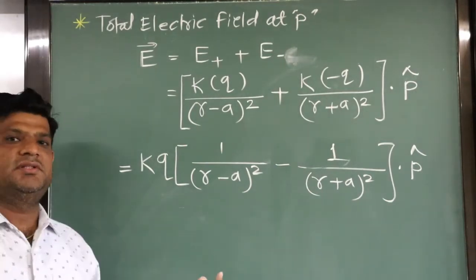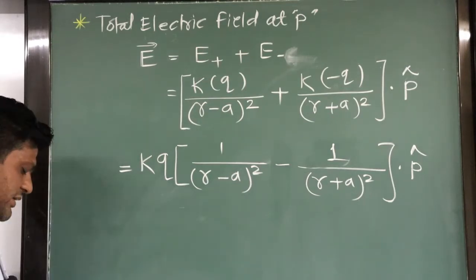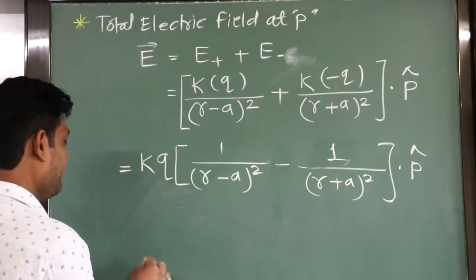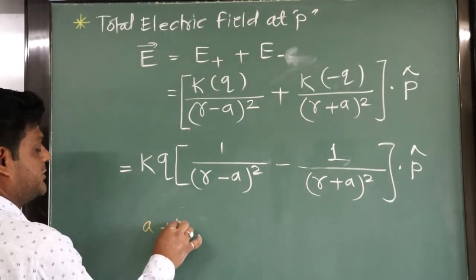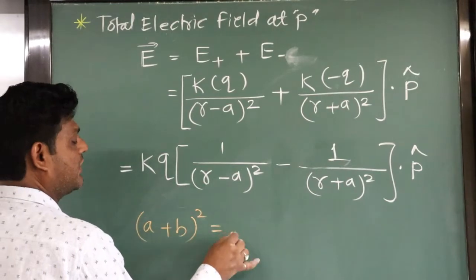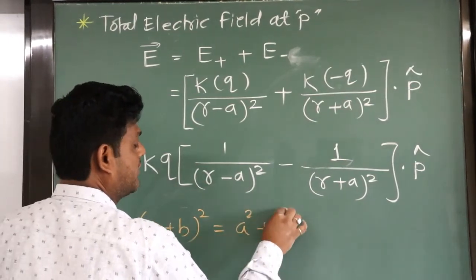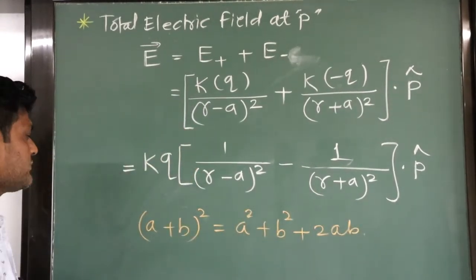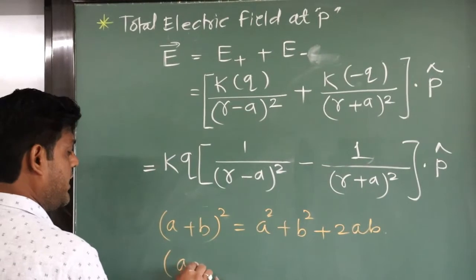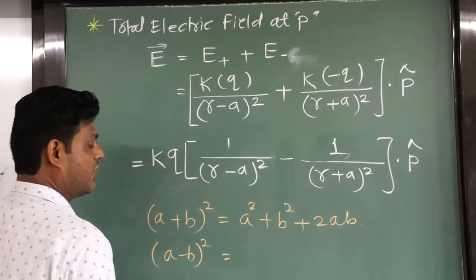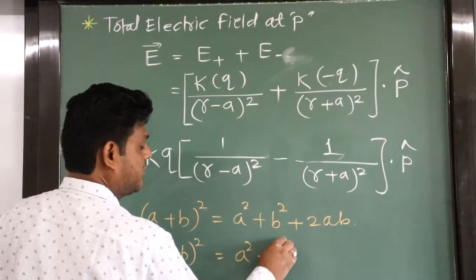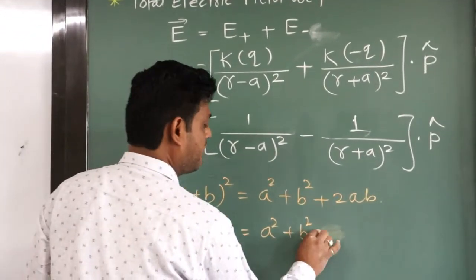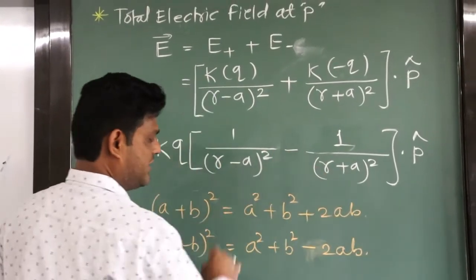We are going to use some basic formulas. I think you know that, but still for recalling, we know that (a plus b) bracket square equals a square plus b square plus twice ab. This is the formula. Again, we know that (a minus b) bracket square equals a square plus b square, oh sorry, minus twice ab, right?